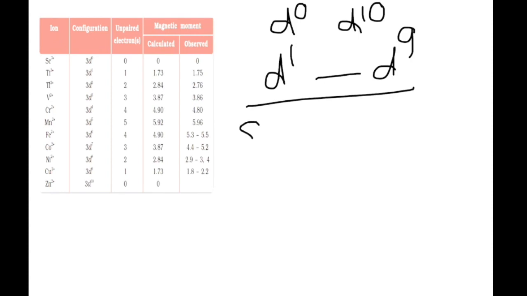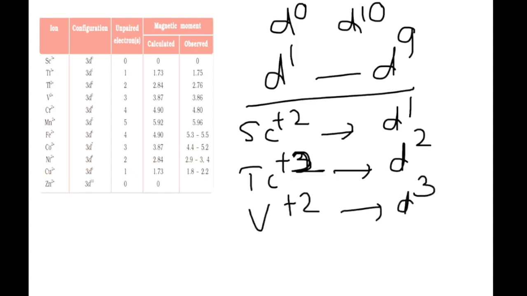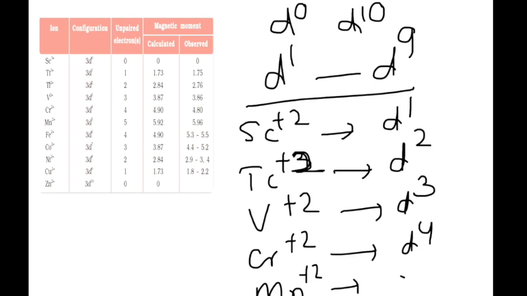For example, scandium 2 plus, d1 configuration; titanium 3 plus; titanium 2 plus, d2 configuration; vanadium 2 plus, d3 configuration; chromium 2 plus, d4 configuration; manganese 2 plus, d5 configuration.